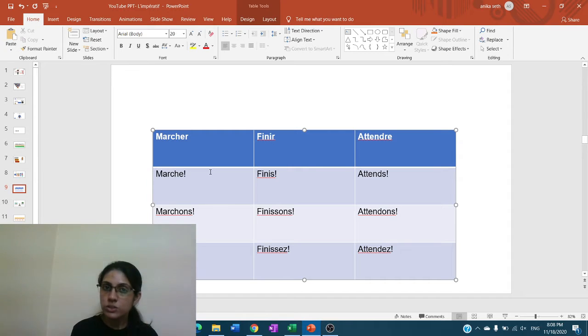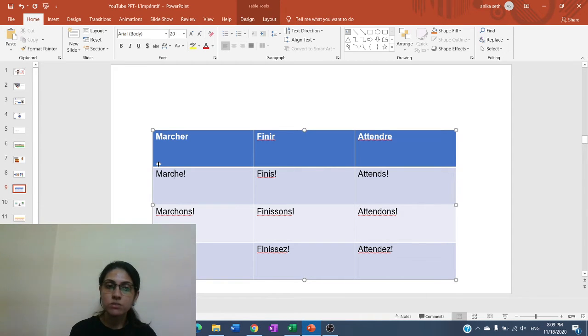So tu is removed from the conjugation, s is also removed, and an exclamation mark is added. So, marche, walk. To complete this, we can say walk fast or walk slow. So, marche vite, walk fast. Tu is not there, s is not there, an exclamation mark is put with the verb.